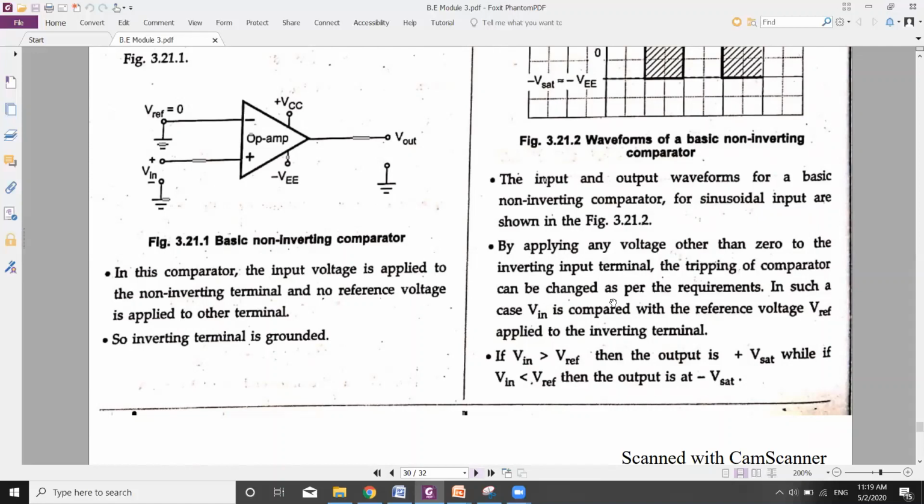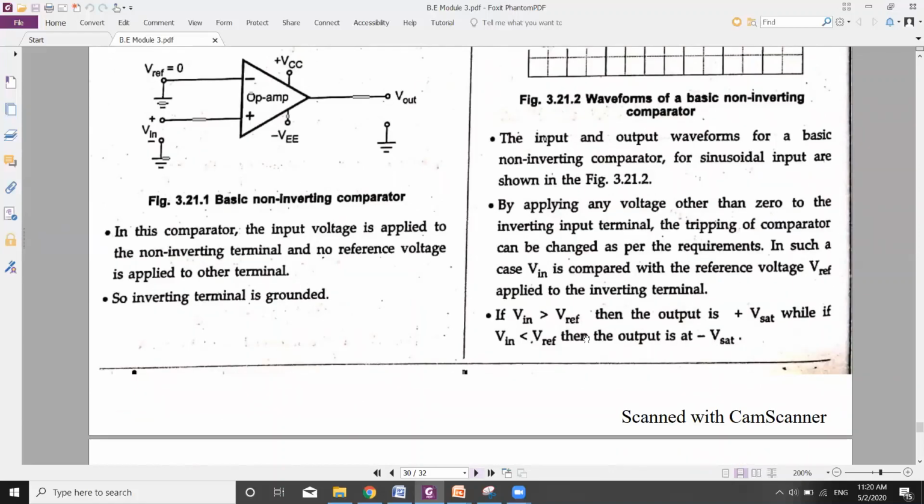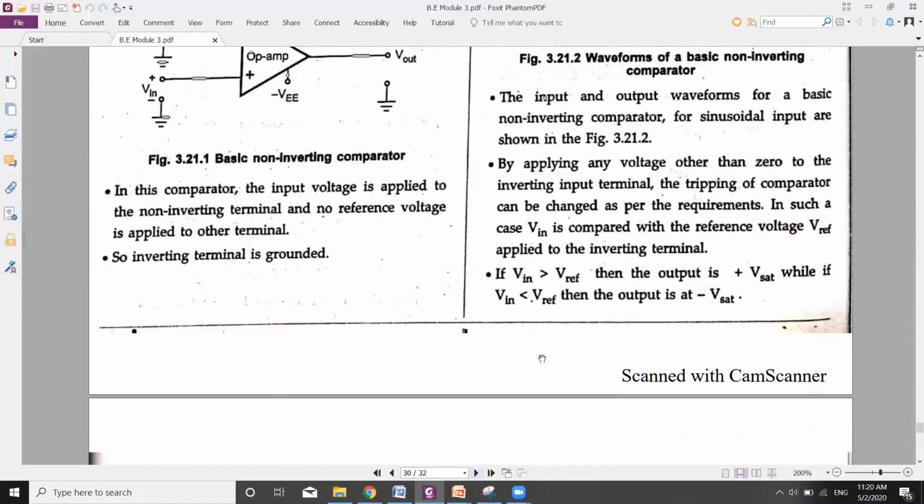In such a case, V in is compared with the reference voltage V ref applied to the inverting terminal. If the input voltage is greater than V reference, then the output is plus Vsat, while if V in is less than V reference, then the output is minus Vsat.